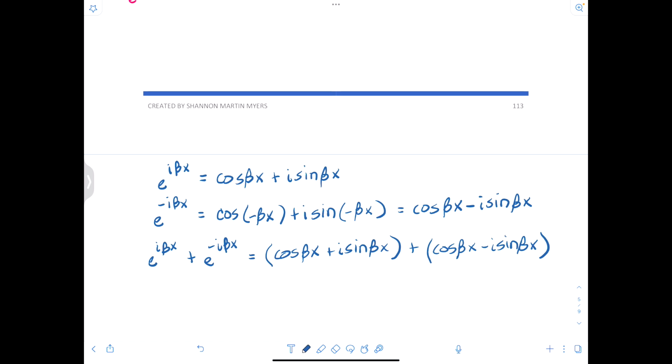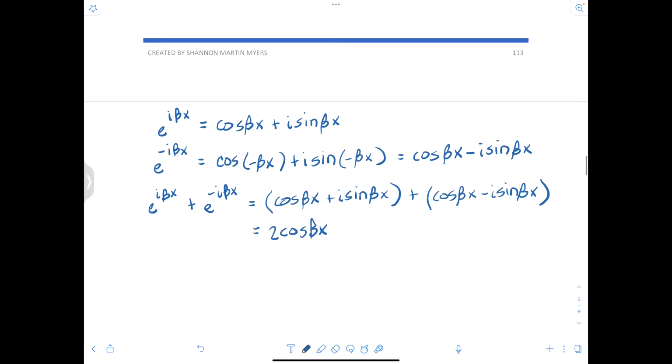And where we're going here is, remember, we can work with those linear combinations for solutions. So when we do that, what happens? The i sine beta x's zero out, and we end up getting two of these cosine beta x's. Cool so far?